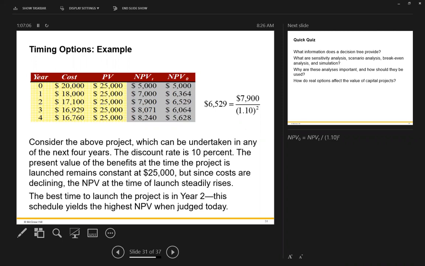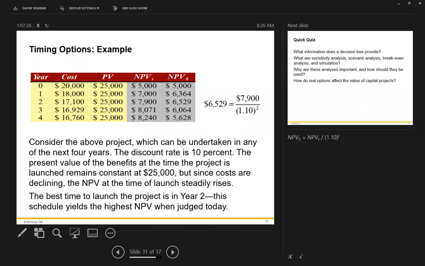So remember, as costs go down, our net present value increases. So the best time to launch this project is in year 2, because that's when the highest NPV would occur.